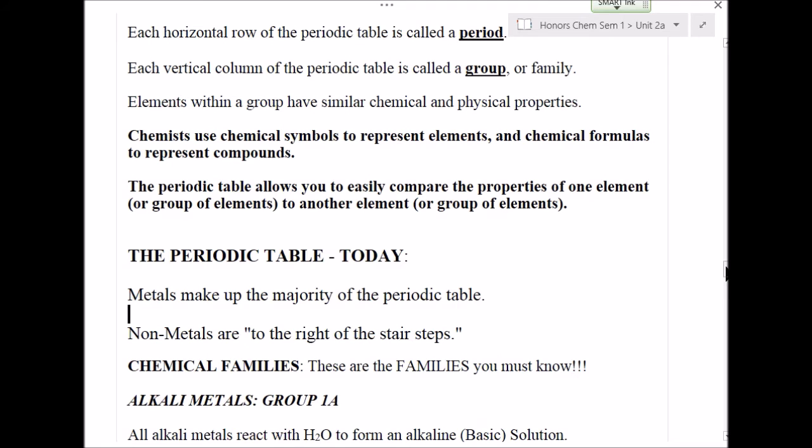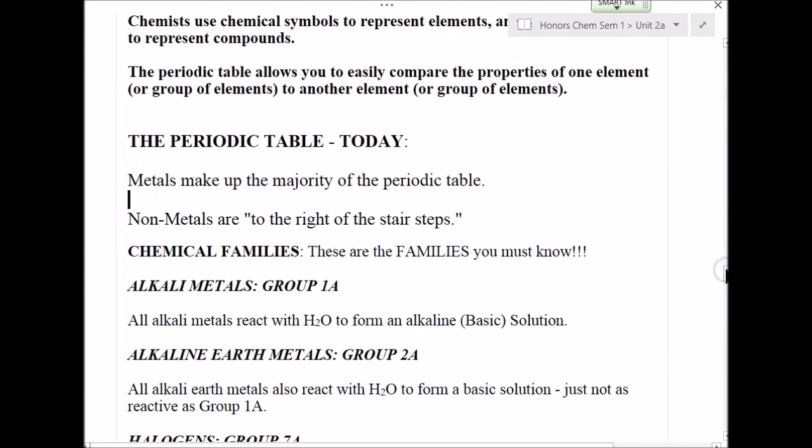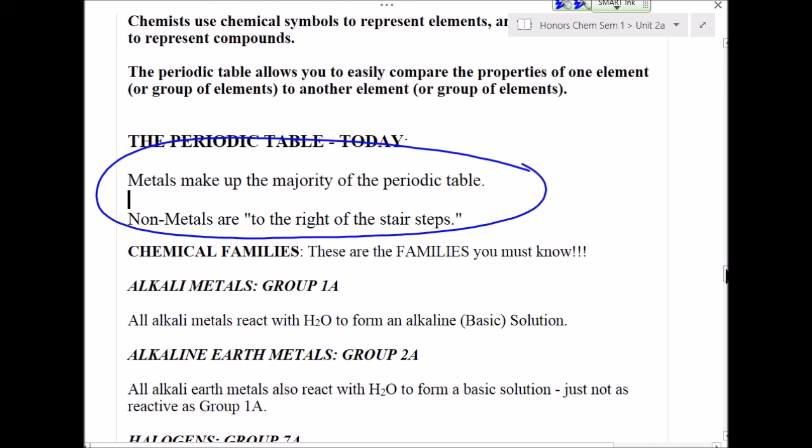All right, so for the periodic table today, I think I added this recently, so you might want to add that in your notes. Metals make up the majority of the periodic table, and again, they're on the left side of that stair step. If you want to put that stair step in your notes, that's probably not a bad idea.